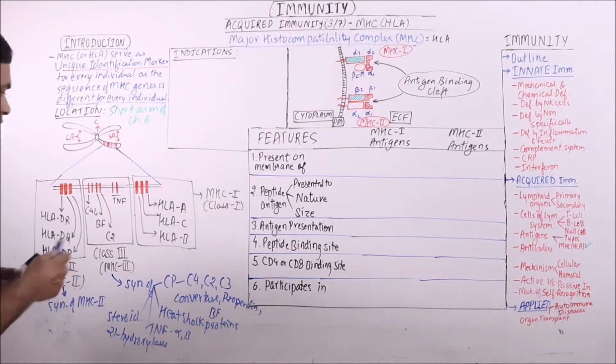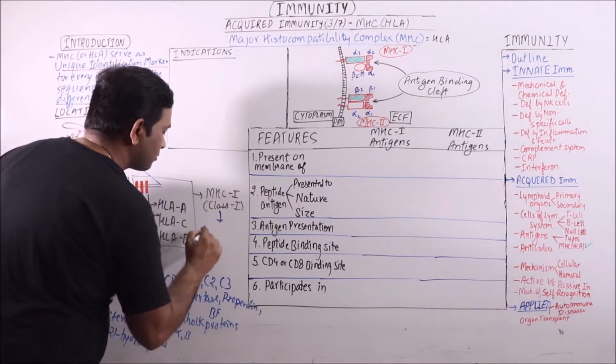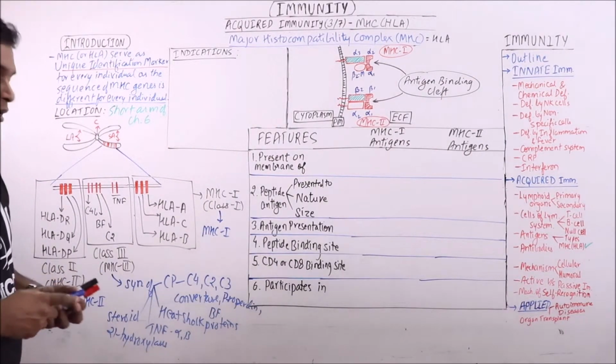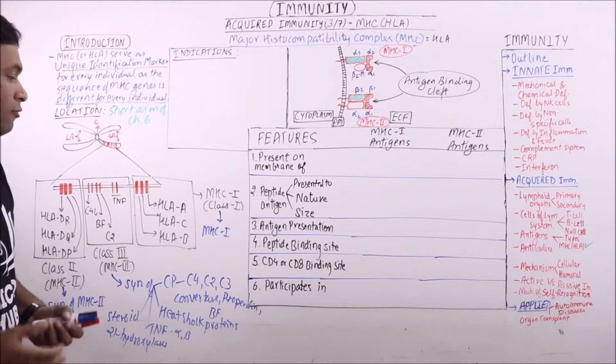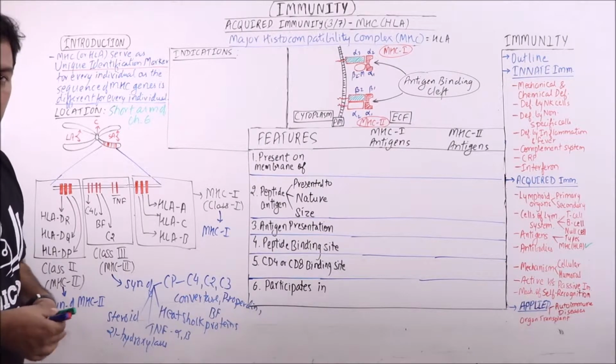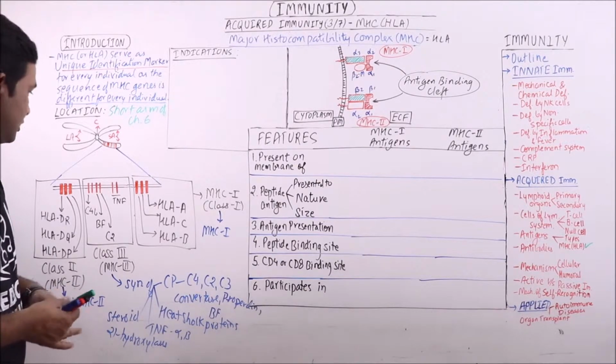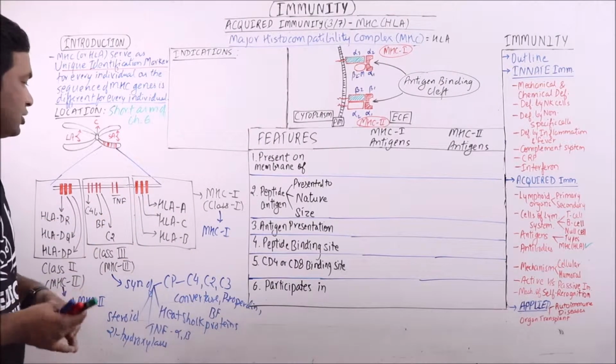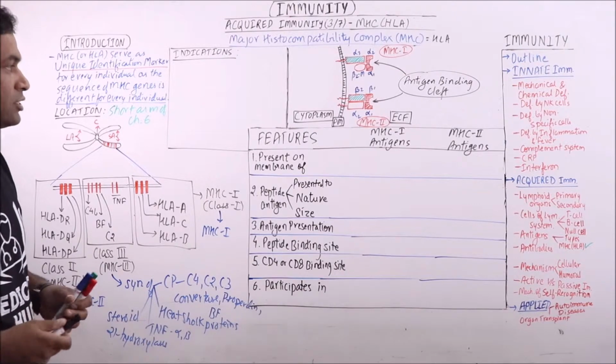It results in synthesis of MHC class 1 molecules, which will present an endogenous antigen of viral or tumor cells to the cytotoxic T cells. So these are the MHC complex or array of genes on the short arm of chromosome 6.